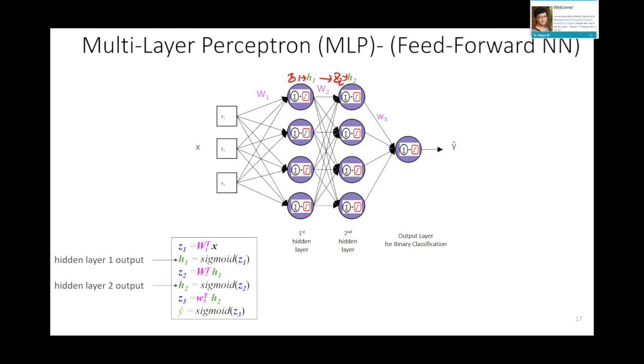If you think about the signal, it is x to z1 parameterized by the W1, and z1 goes to h1. There's no parameter because that's just the sigmoid layer. From h1 there's W2 to Z2, then Z2 goes to H2, H2 there's a W3 and plus then another sigma, there's no parameter, then goes to Y hat.